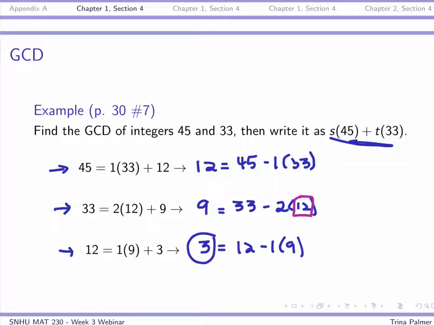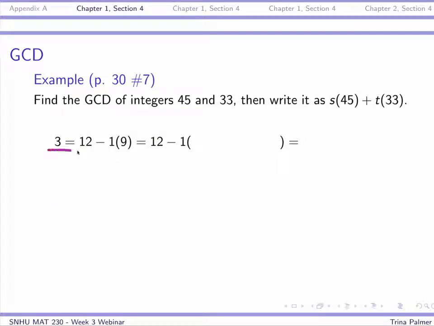I want to replace the 9. In for this 9, I'm going to put in 33 minus 2 times 12 into that 9 spot. So let me stop talking and just show you.